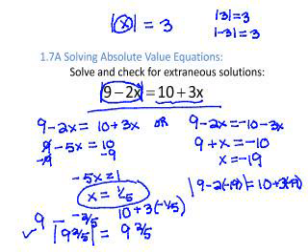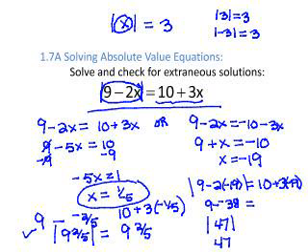All right, 2 times negative 19 is a negative 38, and 9 minus negative 38 is plus 38, so we get a positive 47. And the absolute value of 47 is positive 47.